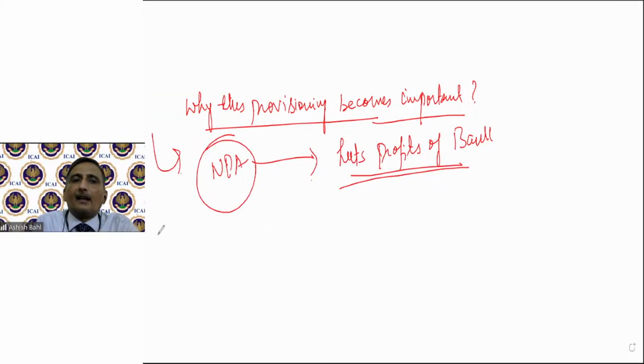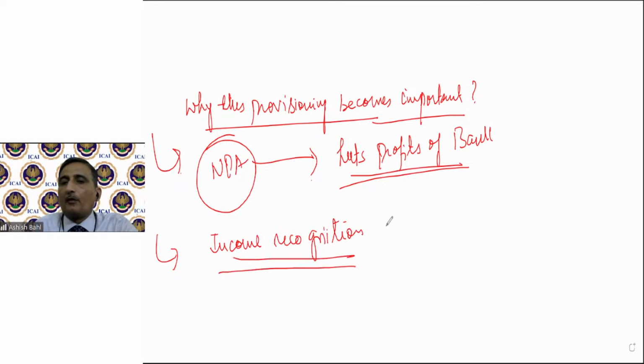And what was the third thing? The third thing was income recognition norms. So when an asset is classified as an NPA, you have to remember, students, that banks stop applying interest in that borrower account.